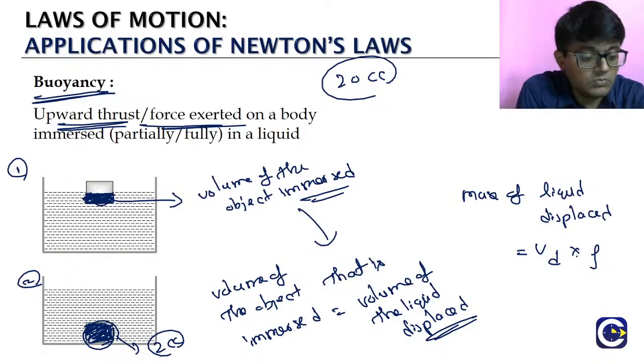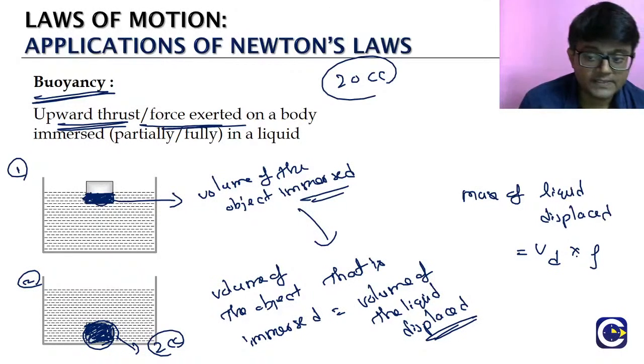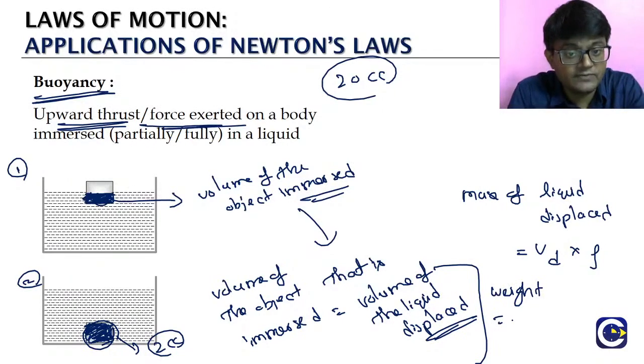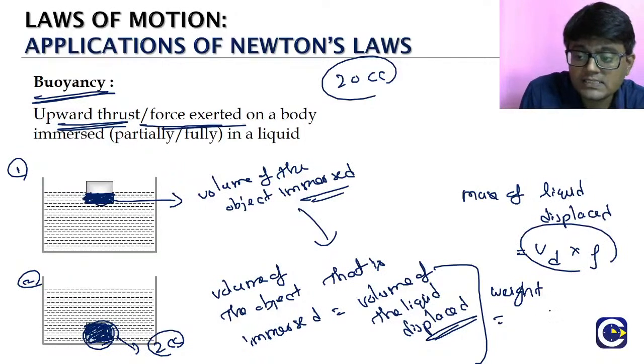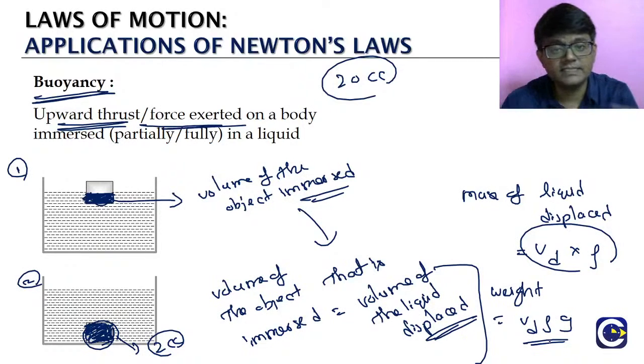So volume into density is the mass of the liquid that is displaced. Weight means mass into g. That is what we are saying is buoyancy. That's it. So this is the buoyancy.